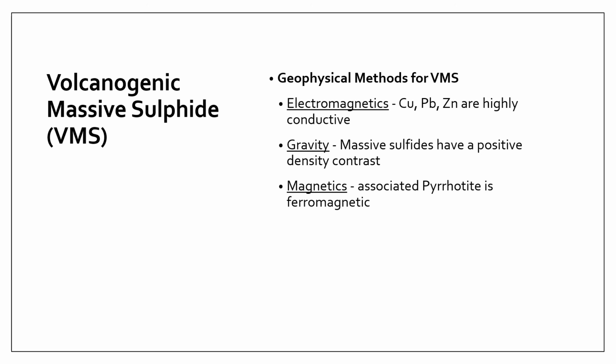And then another important associated mineral is pyrrhotite, which is one of the minerals with really high magnetic intensity, and you can use magnetics to look for the associated mineral, which is pyrrhotite.